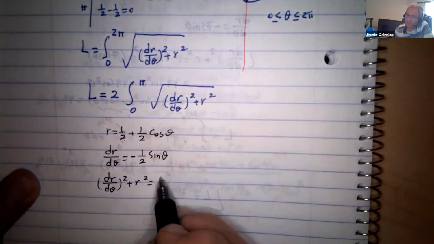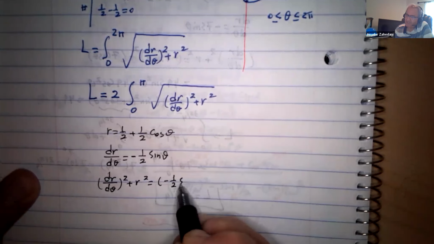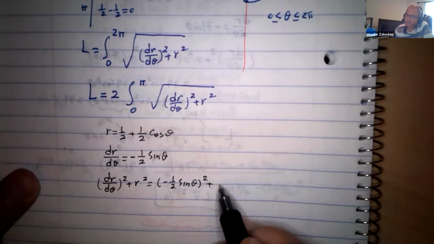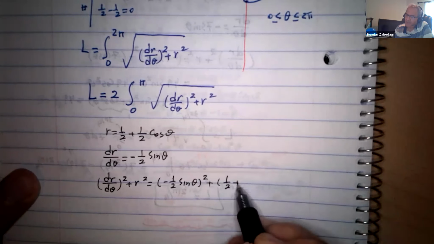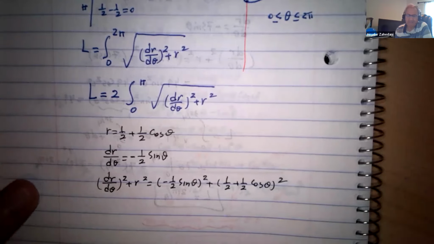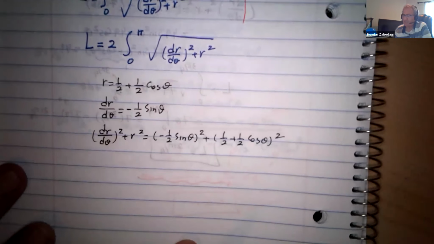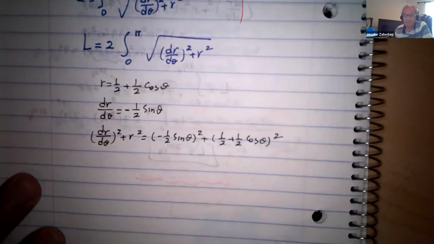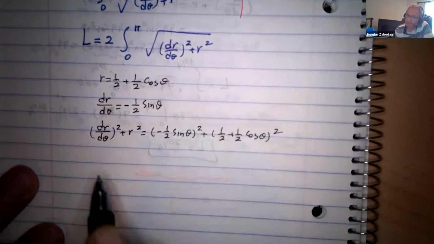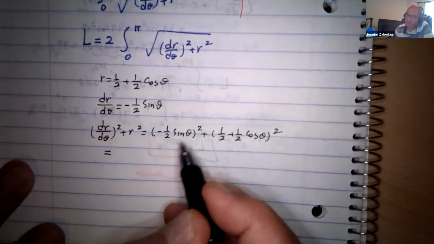That gives -1/2 of the sine of theta, all squared. r squared is 1/2 plus 1/2 of the cosine of theta, all squared. Patiently square it and simplify. It would be simplified, but carefully do it. It's going to be a quarter.